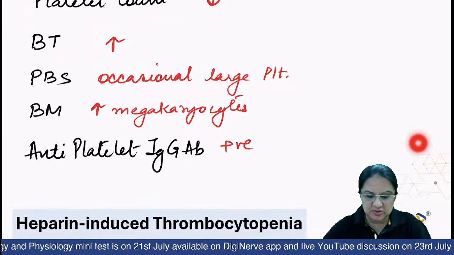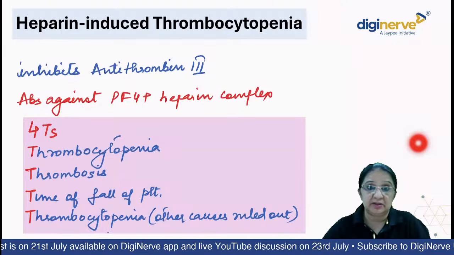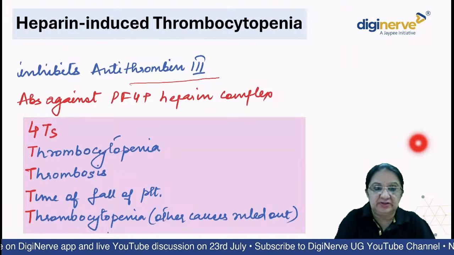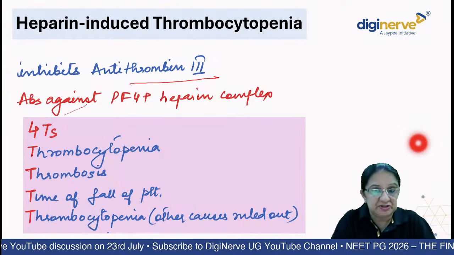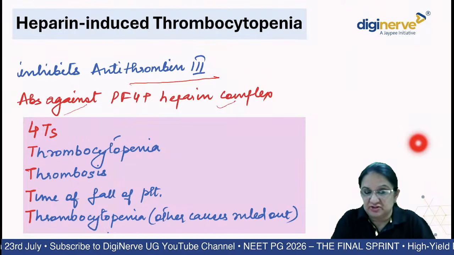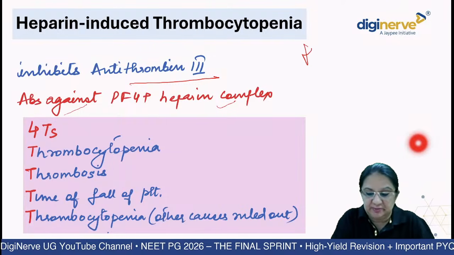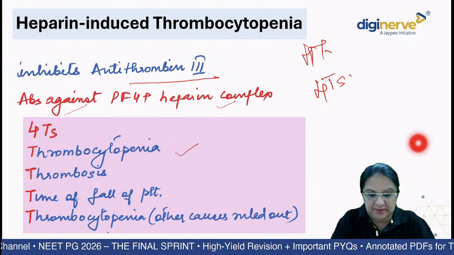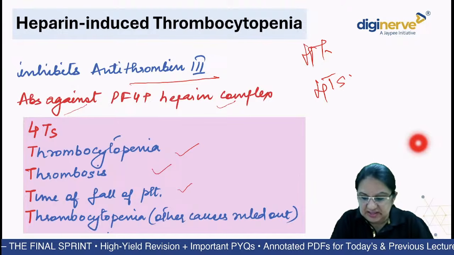Now, this was ITP. Coming to heparin-induced thrombocytopenia. Heparin, basically, this drug inhibits antithrombin 3. So antibodies against the platelet factor 4 antigen plus the heparin complex result in platelet destruction. You just need to remember the 4 T's in heparin-induced thrombocytopenia or HIT. There are 4 T's. Thrombocytopenia, thrombosis, time of fall of platelets is important.